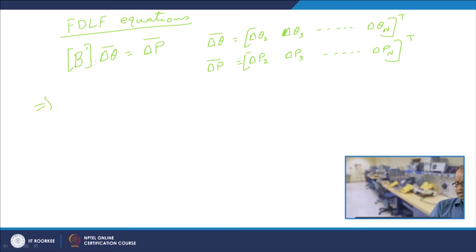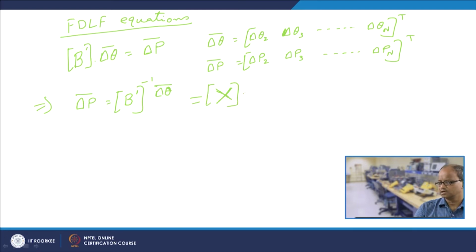So, from here I can write that delta theta vector is the inverse of this B dash matrix into delta P vector.